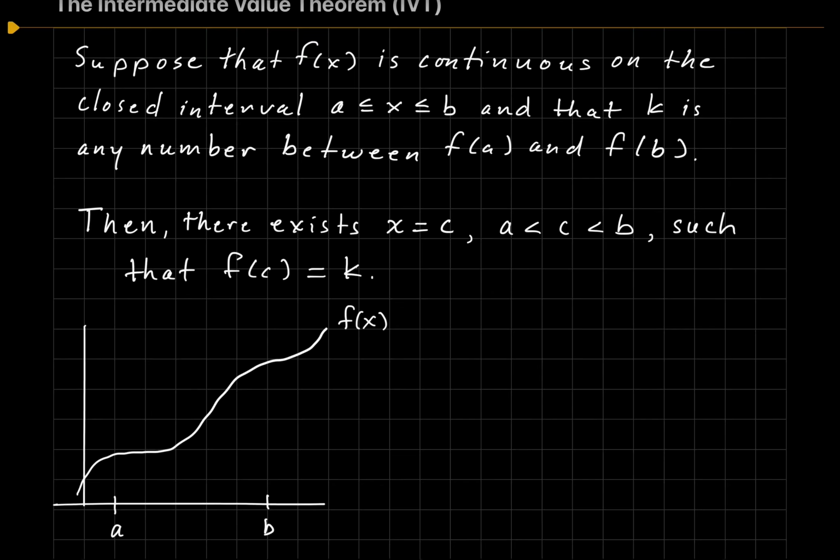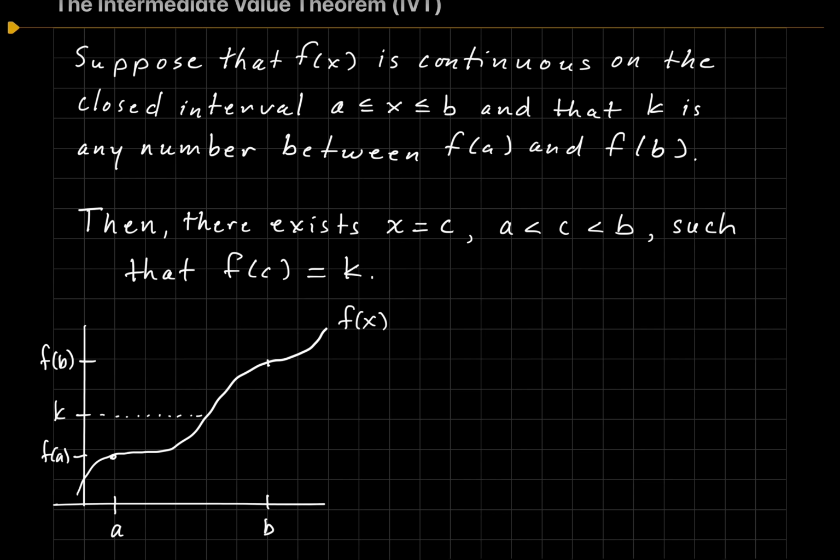Now, we see up here that k is some number between f of a and f of b. So let's put f of a and f of b in our graph as well, like this. And then k is any y value between those two other y values. So I'll just pick a random one. I'll put it right there and call that k.